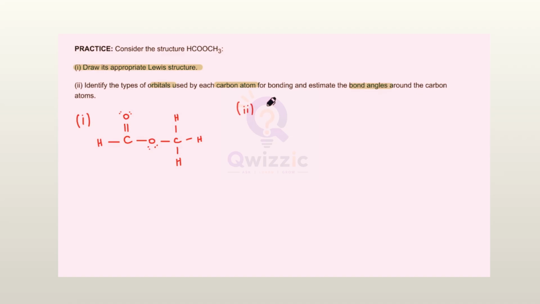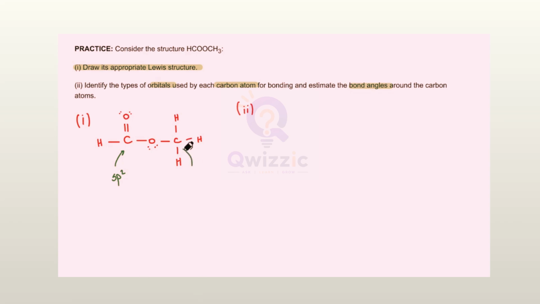First of all, we want to identify the hybridization of each carbon. Notice that the first carbon has a hybridization of sp2, since it has 3 electron regions, 2 single bonds and 1 double bond, right? So 1 plus 2 gives us 3. sp2 always corresponds to the steric number of 3, or a total of 3 electron regions.